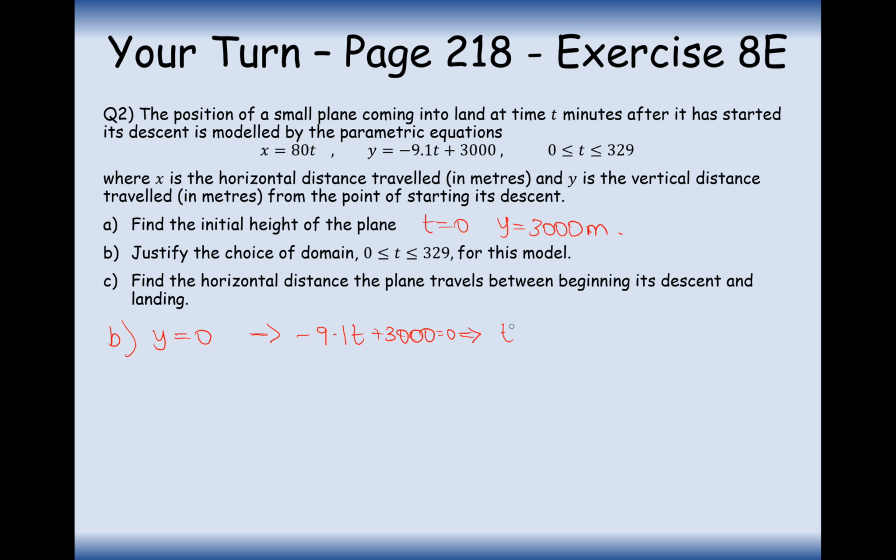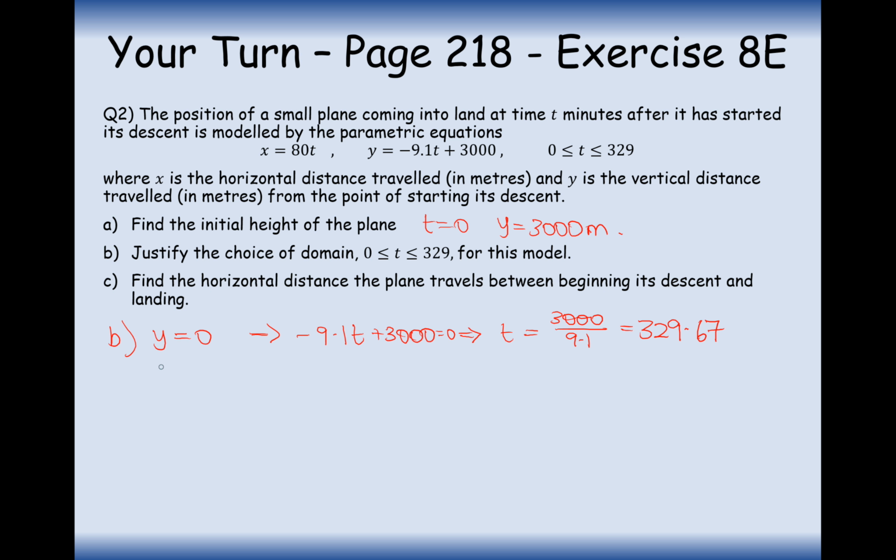So therefore t equals 3000 divided by 9.1, which gives us 329.67. So yes, it definitely makes sense.